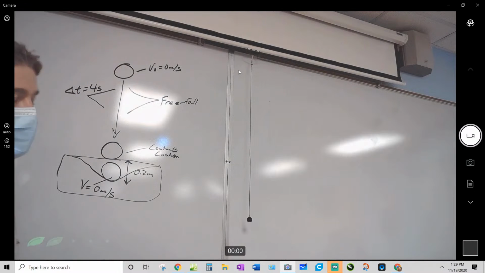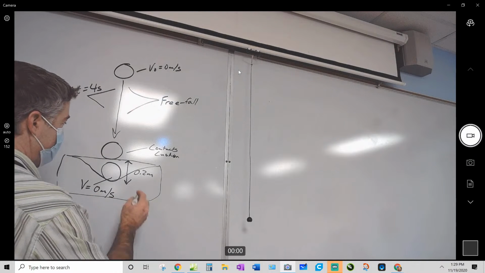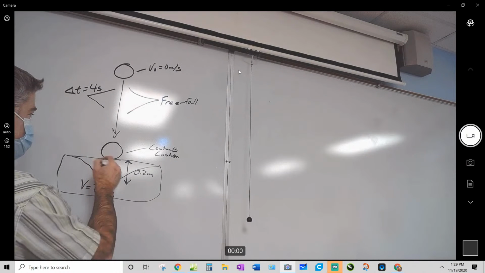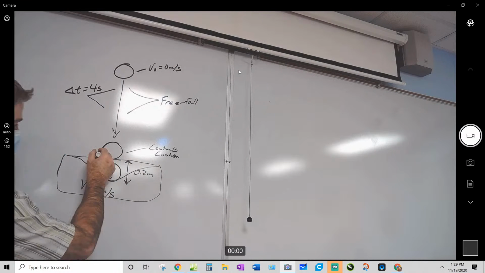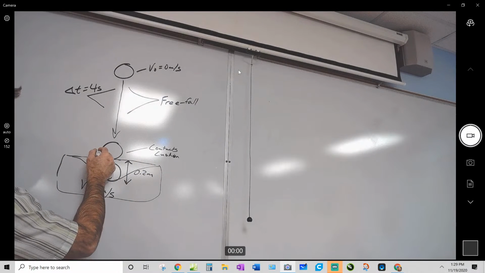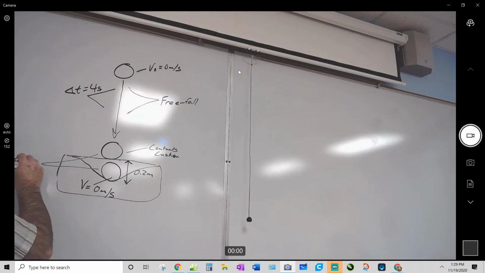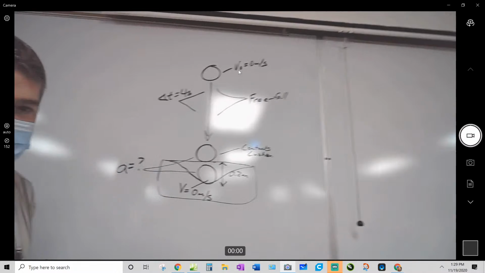So here's my drawing, and what I'm trying to find in the very end is I want to know for this final time interval, right in here, what's the acceleration? Let me move my camera a little bit.